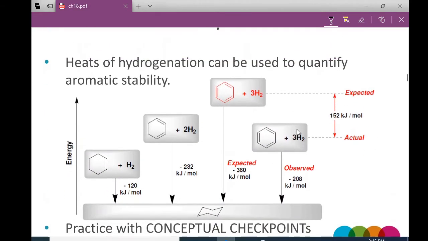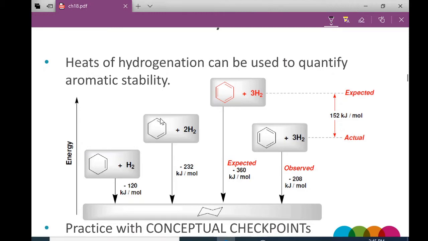Alright, so let's consider the special stability that aromaticity lends to benzene. Okay, if you take cyclohexene, for example, and you perform hydrogenation, adding hydrogen to the double bond, we get out 120 kilojoules per mole of energy for that double bond, to hydrogenate it and get cyclohexane.